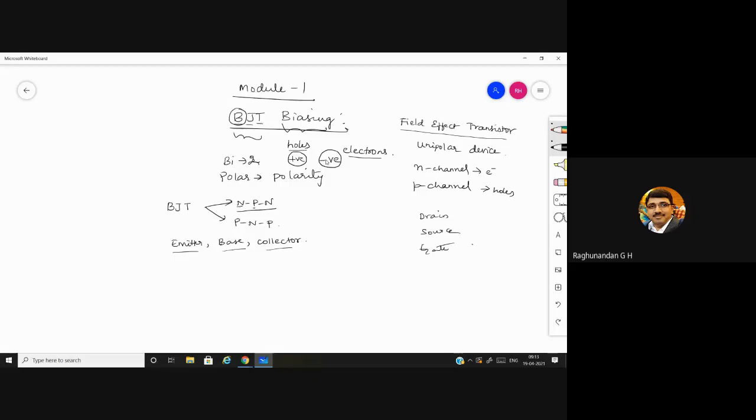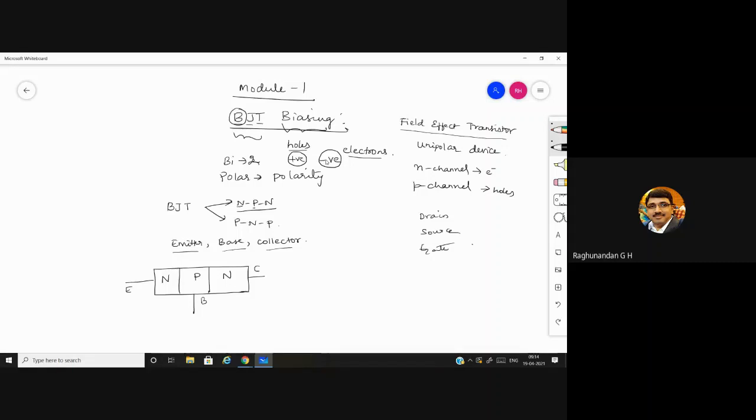In NPN, as I told, N, P, N. So we'll have it like this: emitter, base, collector.